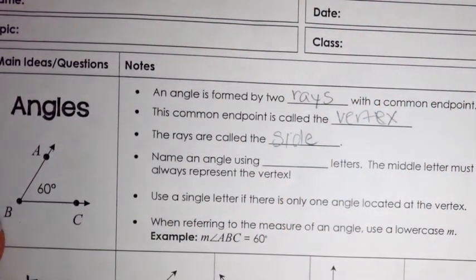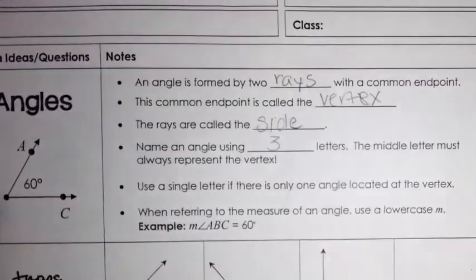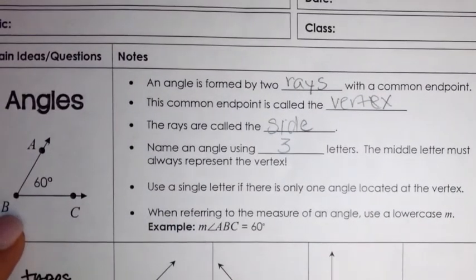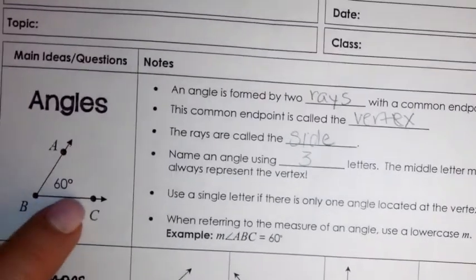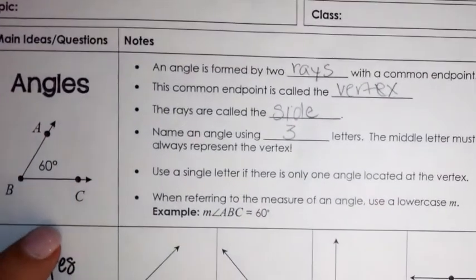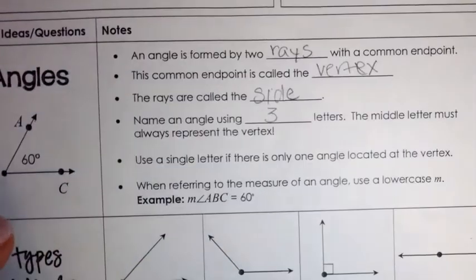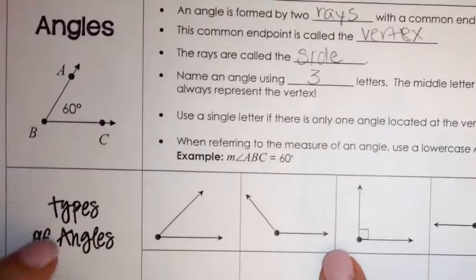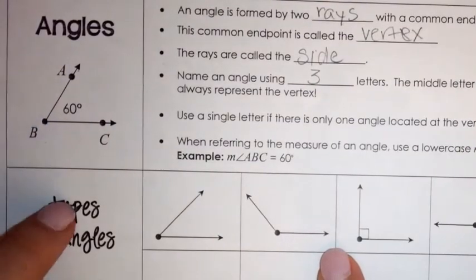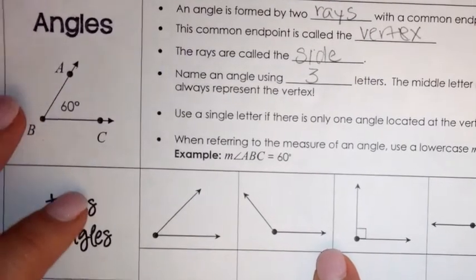We name the angle by using three letters where the middle letter represents the vertex. When you read it and we say angle ABC, you're tracing it with your hand. Use a single letter if there's only one angle located at the vertex. We're going to see examples where you may have another angle that comes off of here, but you can't name it B because you don't know which one it means.